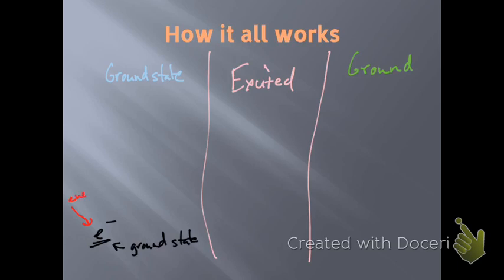This is some type of energy. Once that energy arrives, you have an excited electron. The electron jumps, and now it's at the excited state. So this electron now has energy.